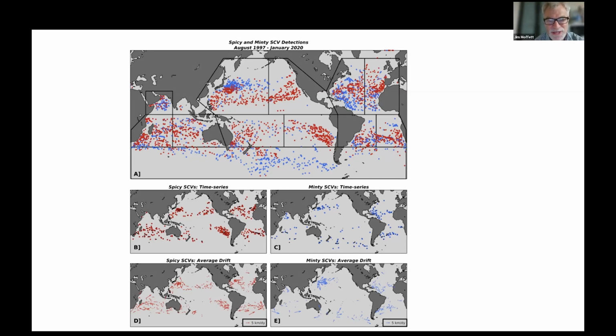This is actual real data for some of the eddies, which are designated here as submesoscale cyclical vortices, or SCVs. And what they represent are observations of salinity and temperature taken from a vast amount of Argo float data and interpreted using some algorithms that Danny applied to actually look at these features as they move offshore.